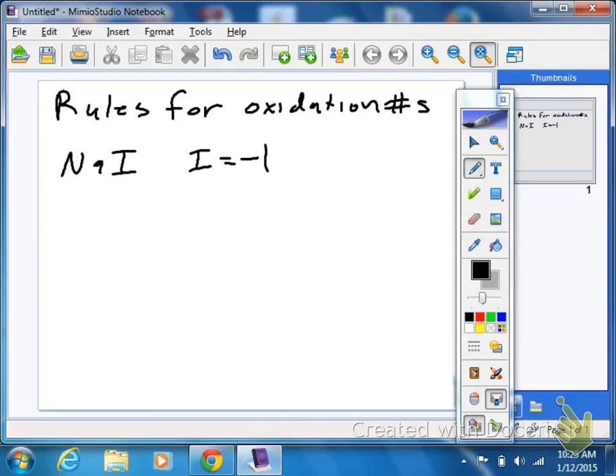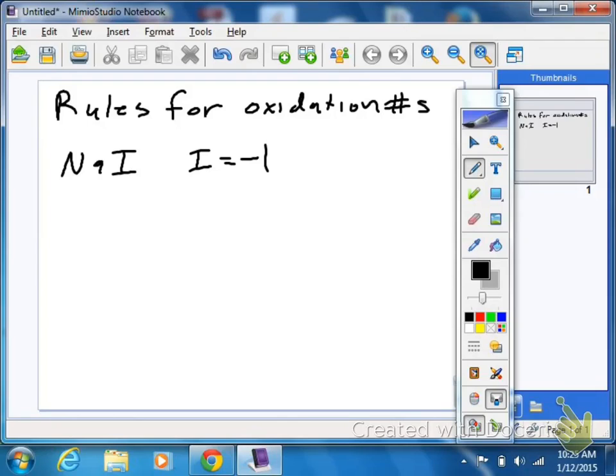Now, there are other numbers listed there. Okay? When you look at the sheet, maybe some of you are wondering why the 1, 5, and 7. Why don't we use those? We do now. So iodine could also be a +1, a +5, or a +7.